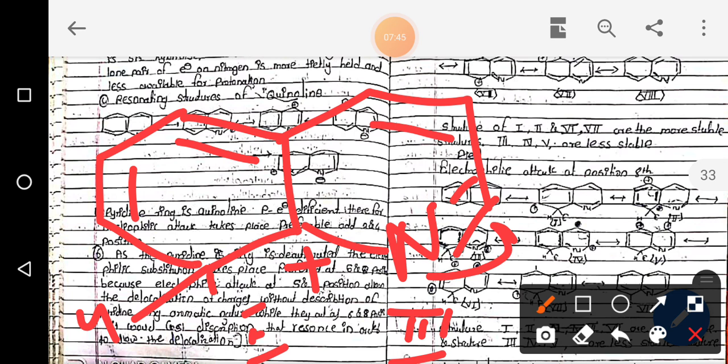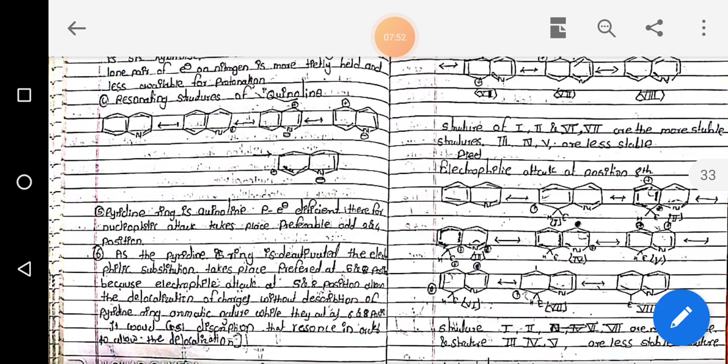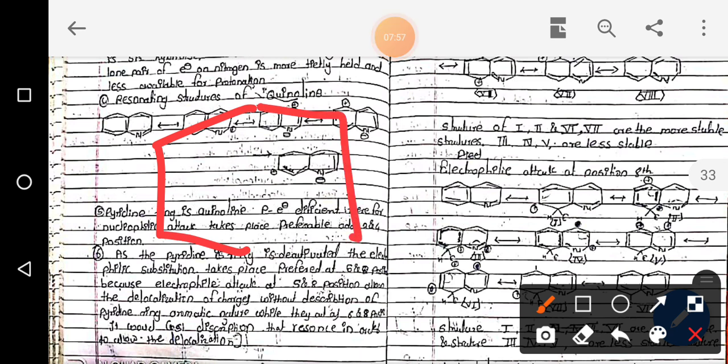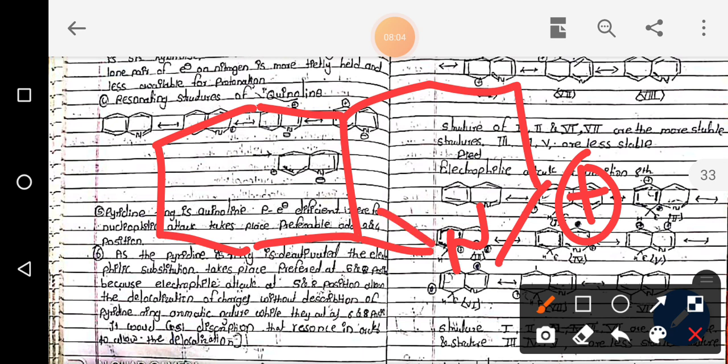Now the plus charge will shift here, which means the plus charge will be here in the next structure. We will get the positive charge on this carbon atom, with the double bond, hydrogen, and electrophile. Now the structure shifts here, and you will get the positive charge here.